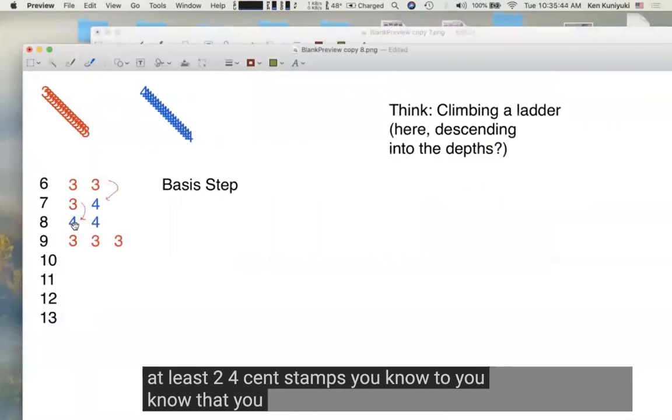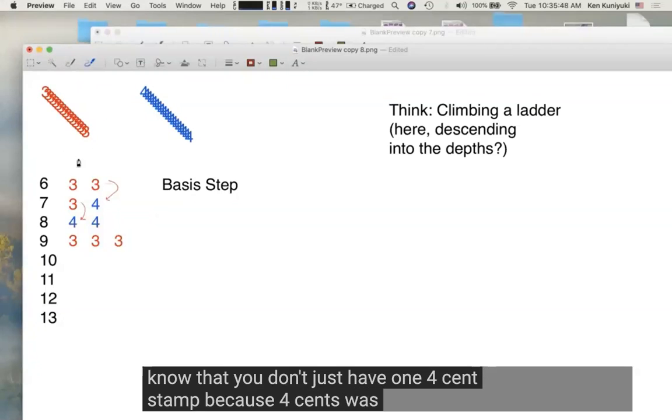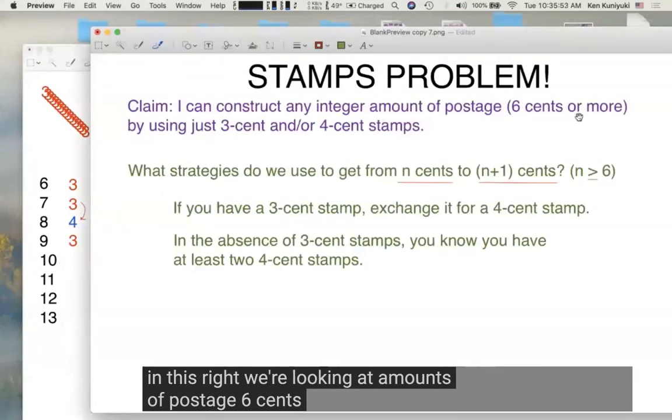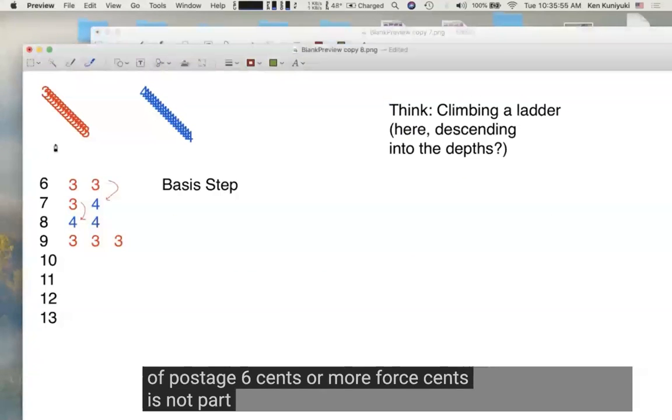You know that you don't just have 1 4-cent stamp because 4 cents was not included in this, right? We're looking at amounts of postage, 6 cents or more. 4 cents is not part of the game.